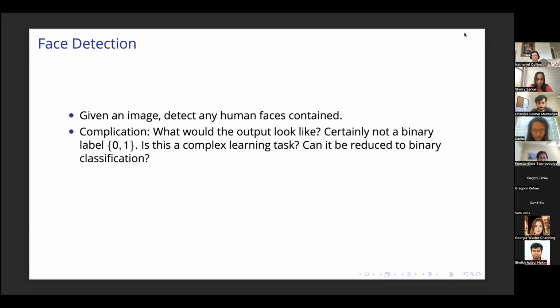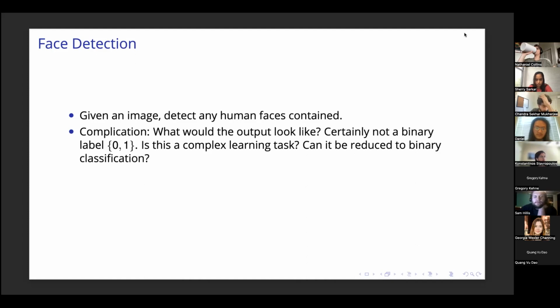So typically in learning there are various learning problems, but one problem is classification, where you want to output a value that is either 0 or 1. This problem is not of that kind.